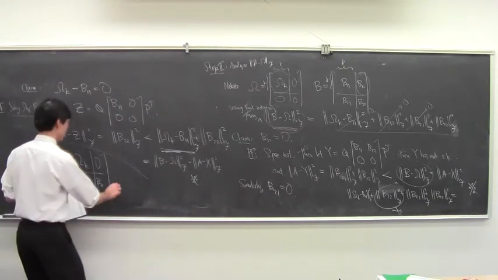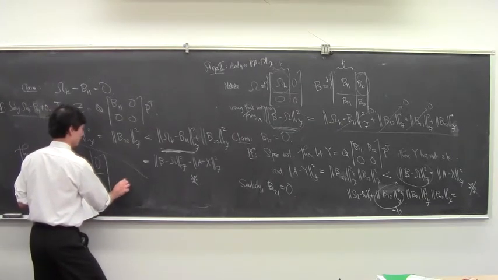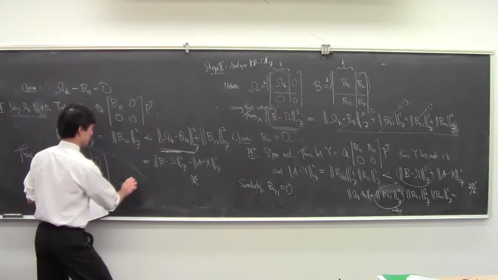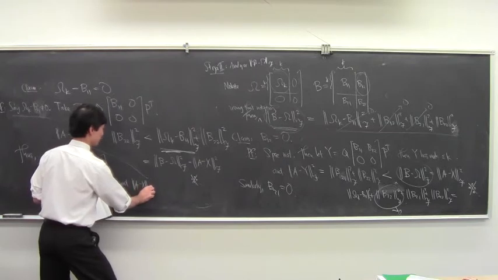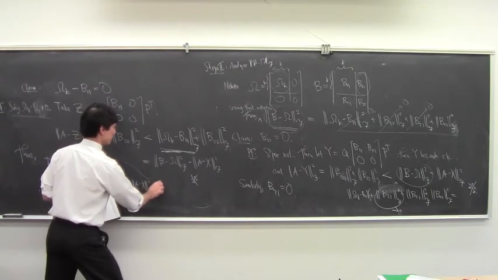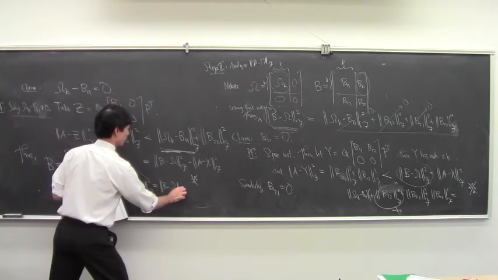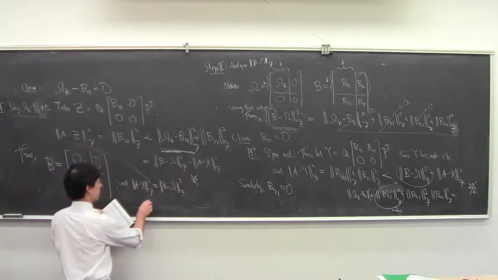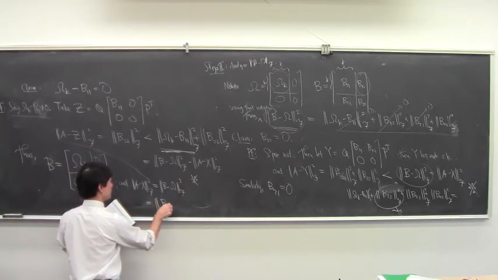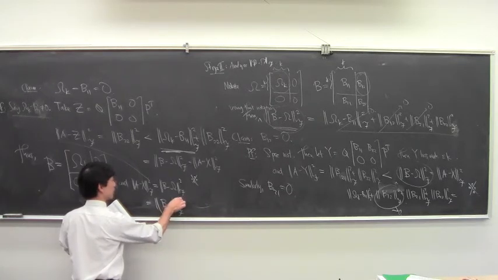And we also have that the distance of A to X is the distance of B to omega, which is the size of B22, squared.